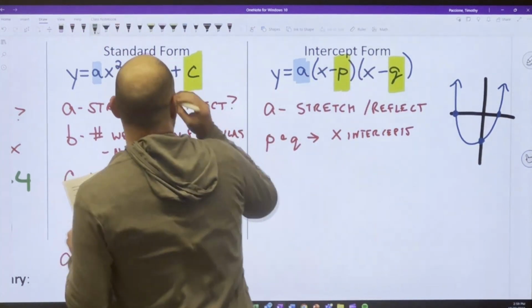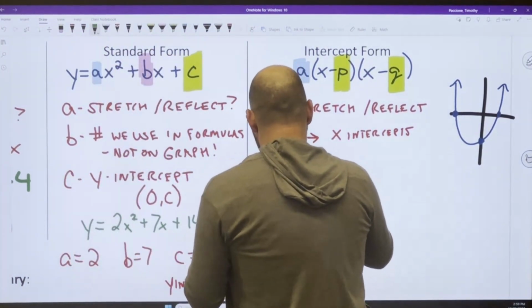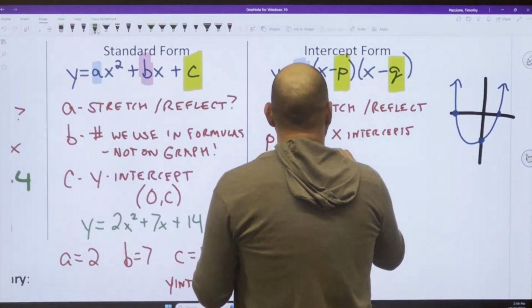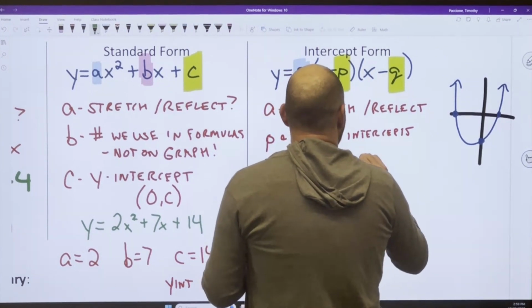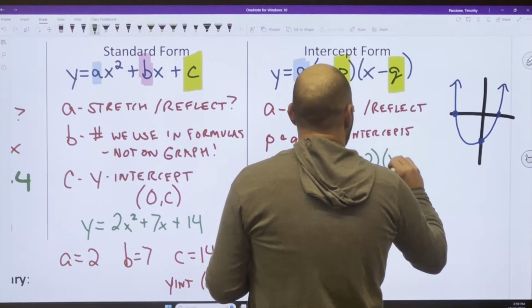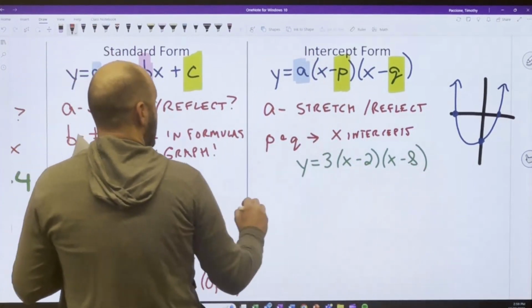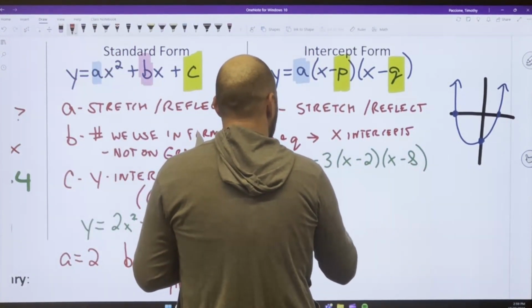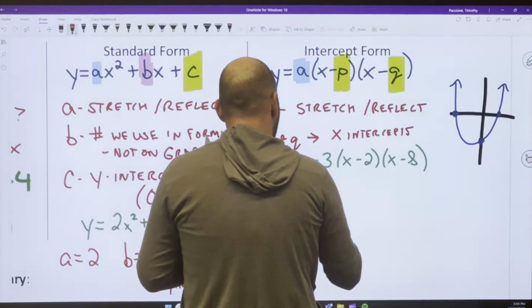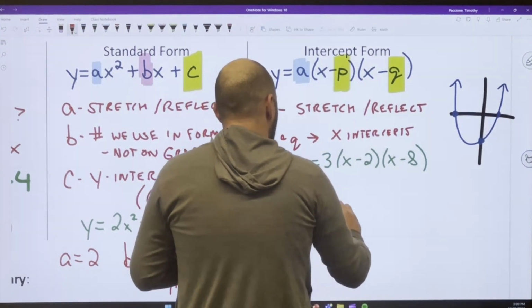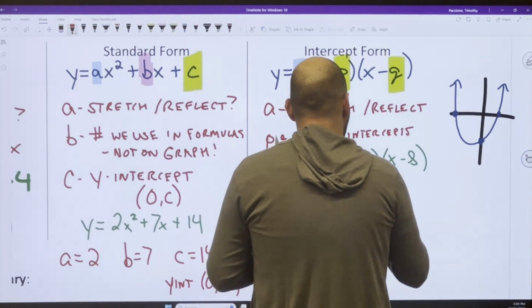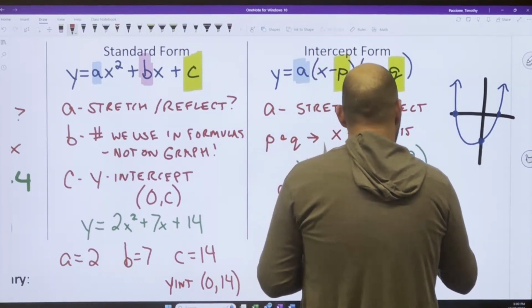So for example, and again, we'll have a whole lesson about this, you might have y equals 3 times x minus 2, x minus 8. And your A is 3, so that's your stretch. And then your x-intercepts would be 2, 0, and 8, 0.